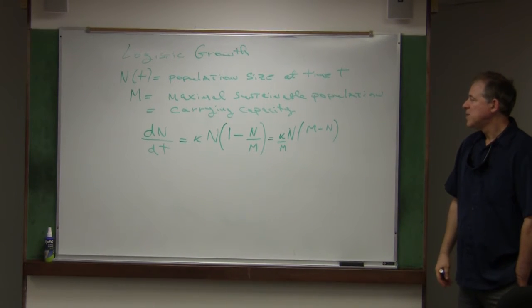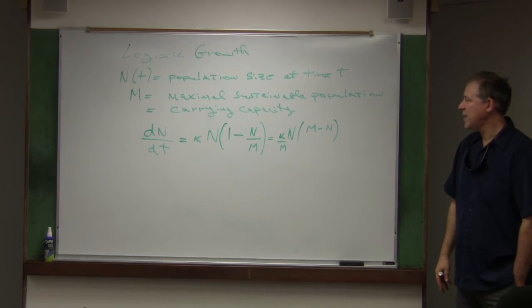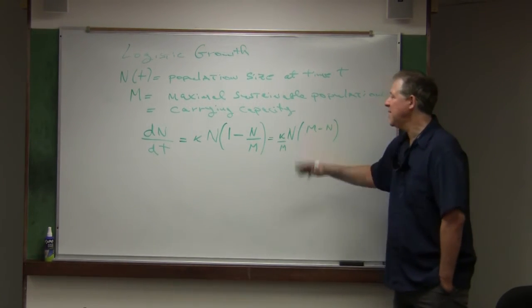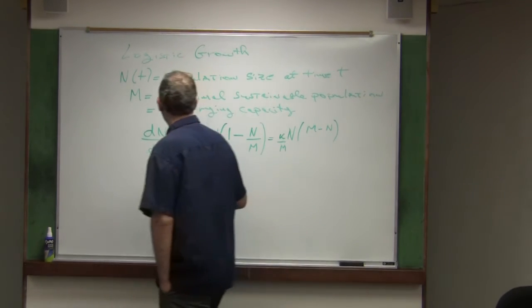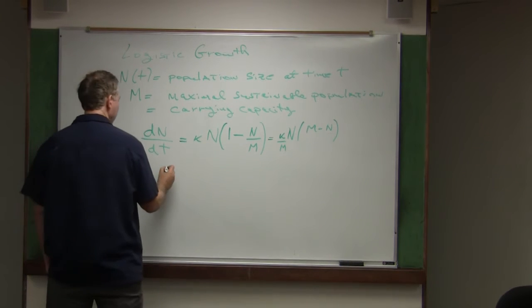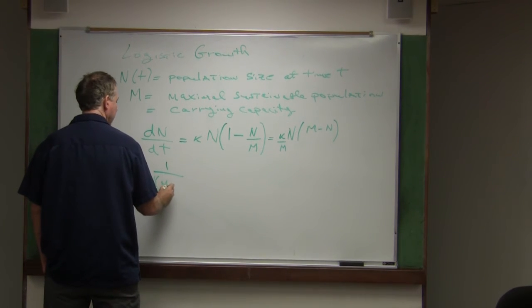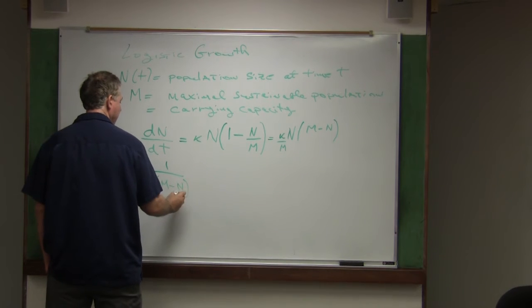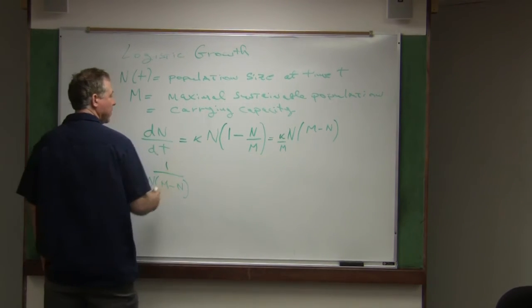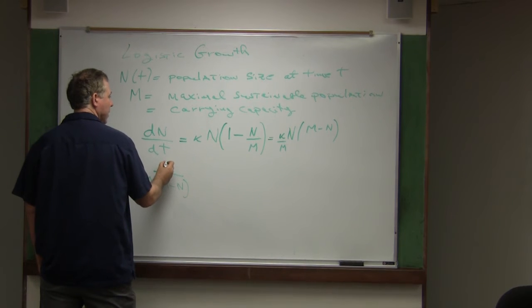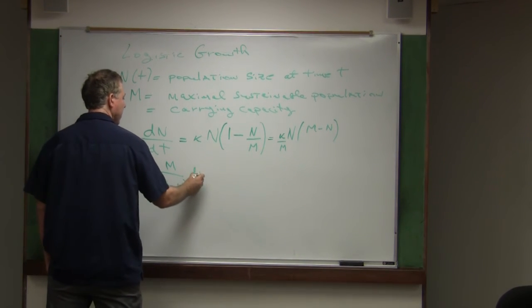So let's separate. Let's get the N's on that side, and let's get the dt on this side. In other words, we're going to get 1 over N(M minus N), and I think I'll multiply the M over here, so put the M over here, dN.